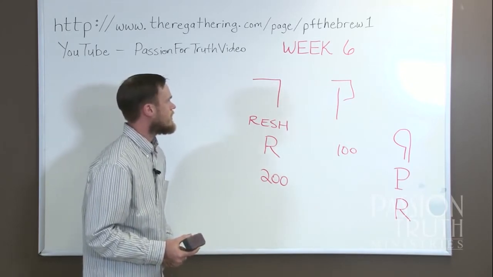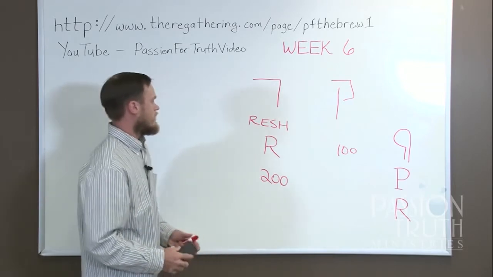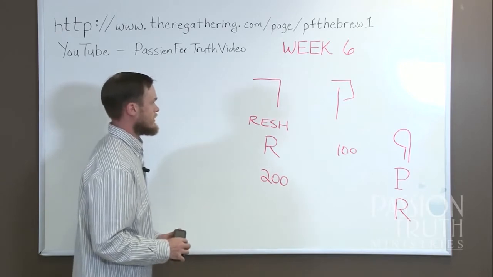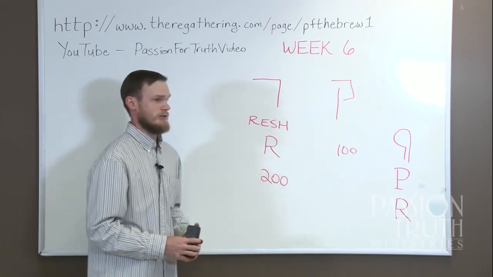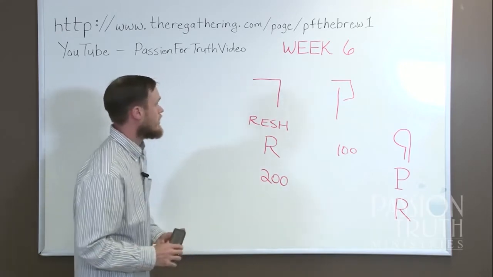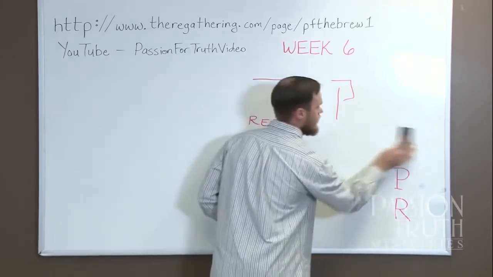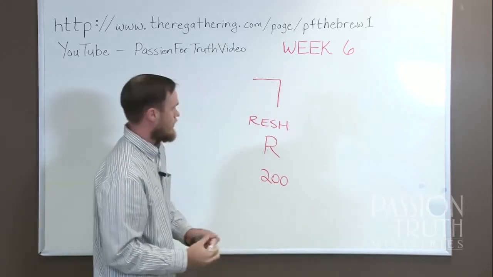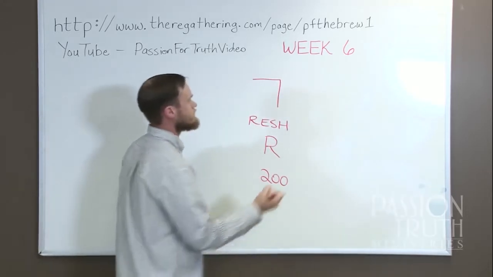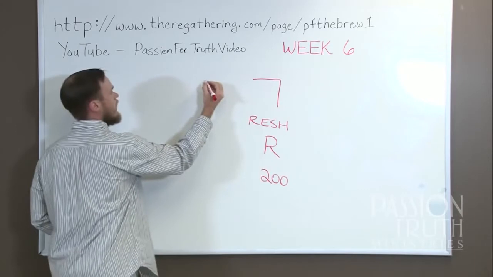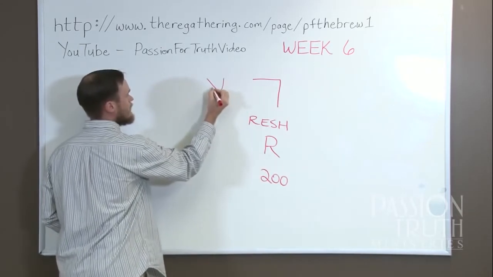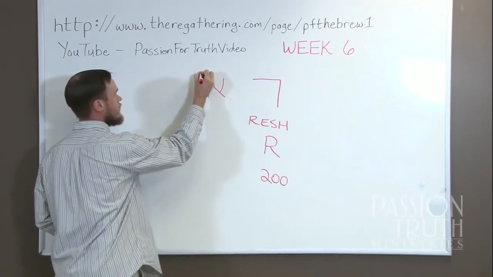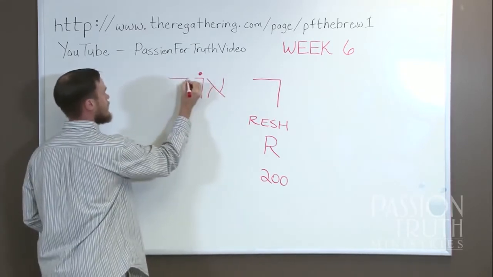So the resh is part of a lot of very significant words. Rosh, which means head, as I mentioned, although I'll go over that when we go over the sheen. Some other words you'll encounter frequently: aleph, followed by a vav with a cholam, followed by a resh.